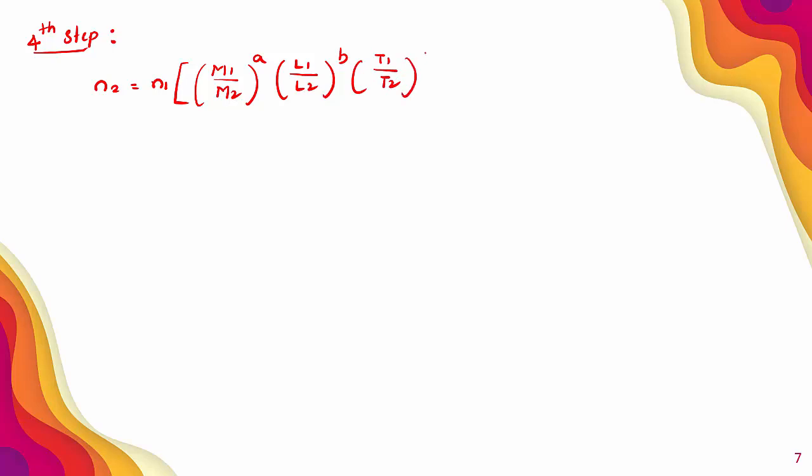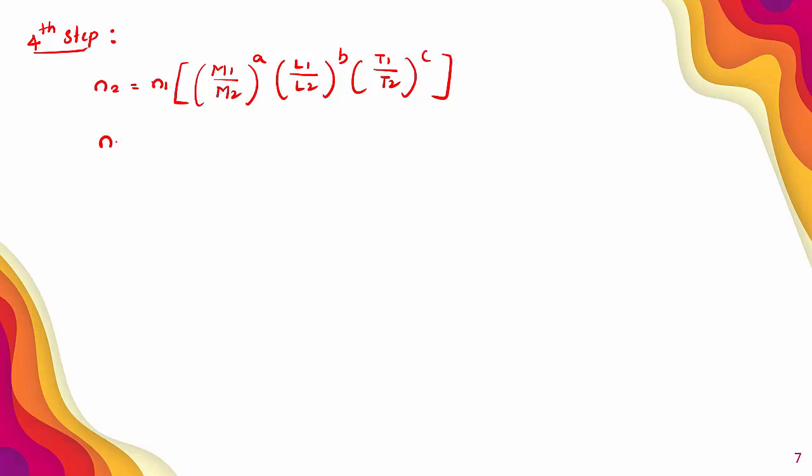What is the equation? N2 equal to N1 into M1 divided by M2 raised to A, L1 divided by L2 raised to B, T1 divided by T2 raised to C. In the fourth step, we are using the equation.